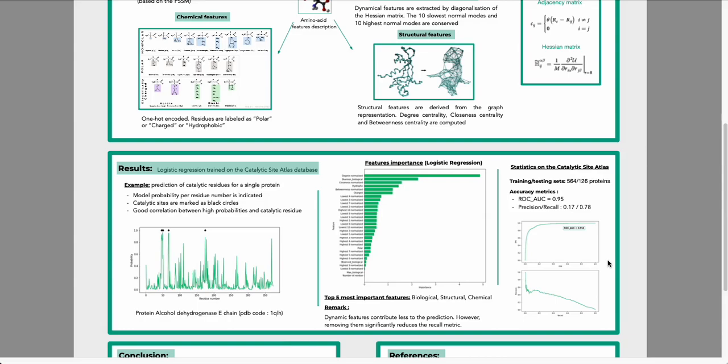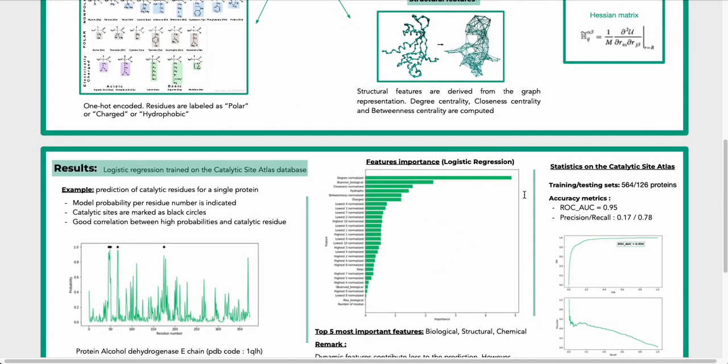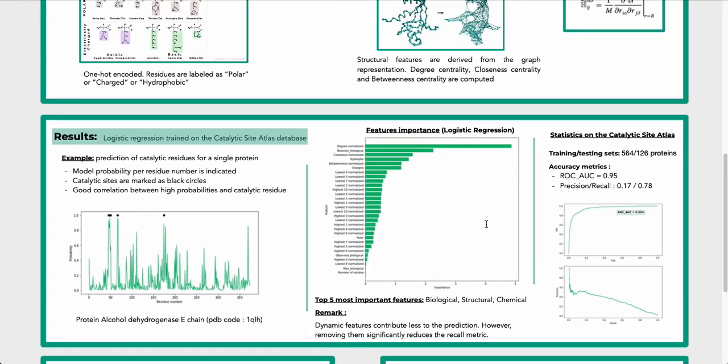If we want to dive deeper into the feature importance for the logistic regression to predict whether a residue would be catalytic or not, we have the feature importance here, and it turns out that the 5 most important features concern biological, structural, and chemical features.